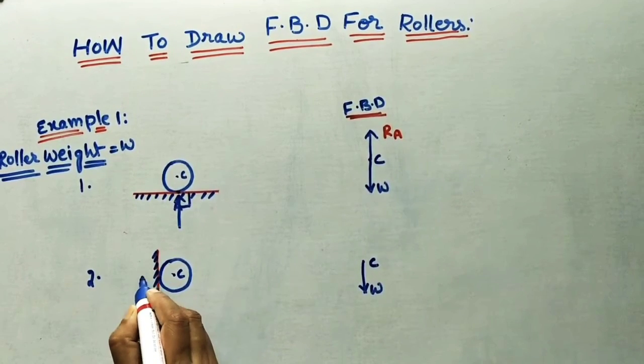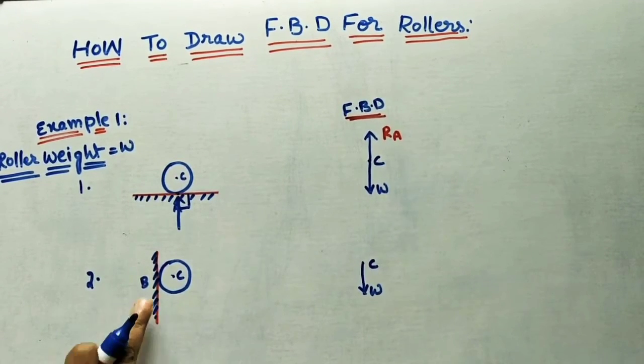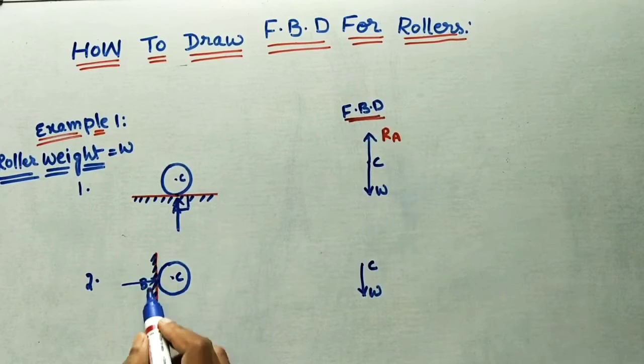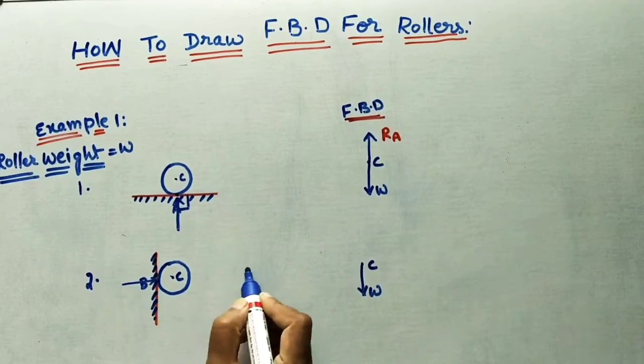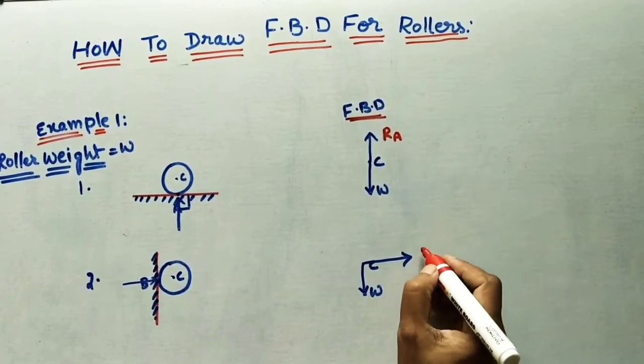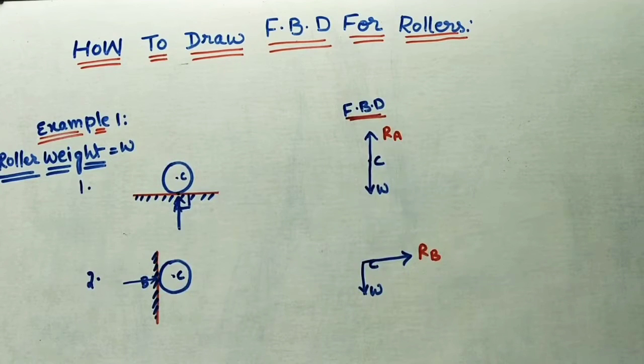Let us take this as B point. At B point, it is the contact point for the roller as well as for the vertical surface. Reaction is perpendicular to this surface. According to the direction, we can draw the direction like this. The reaction is R, acting at B point.